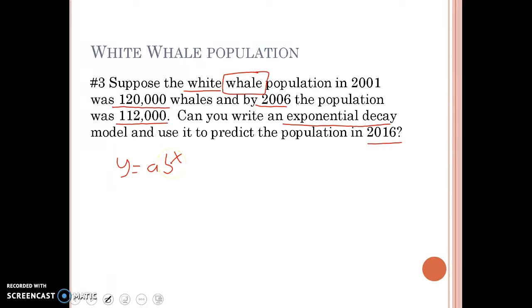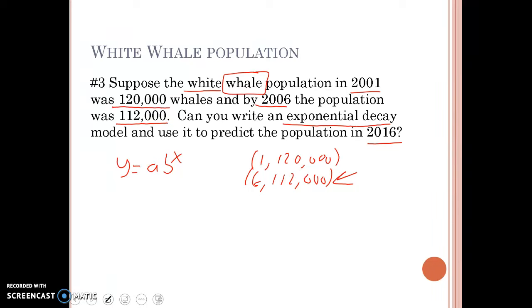And what I'm going to do is plug in, I have 2 points here. My first point is 2001. I'm just going to let it be 1, and I'll just say my x values are years after 2000. So 1 year after 2000, there were 120,000 whales, and 6 years after the year 2000, there were 112,000 whales. And so I'm going to start with this point here because I want to start with the x value that is the biggest.